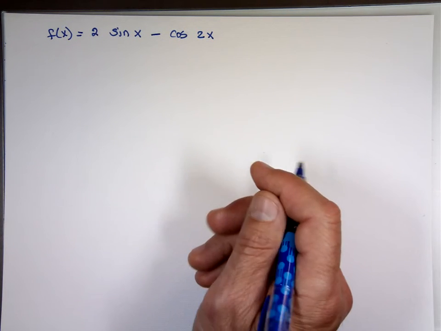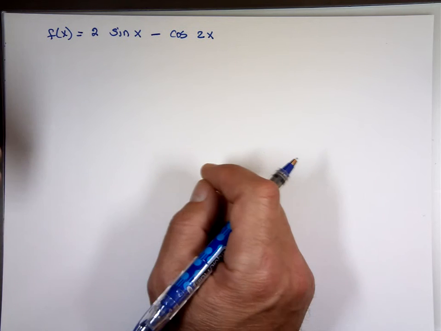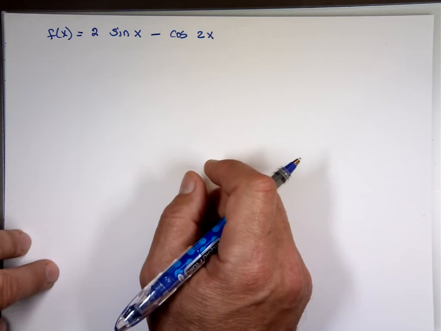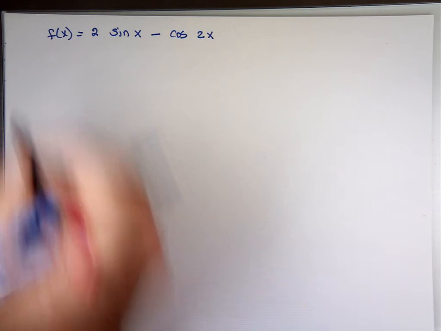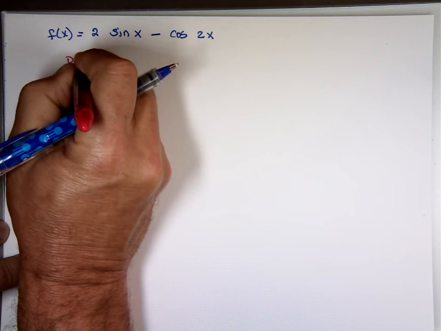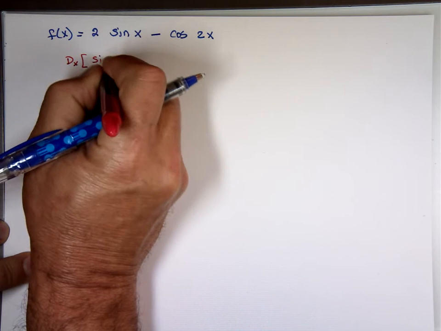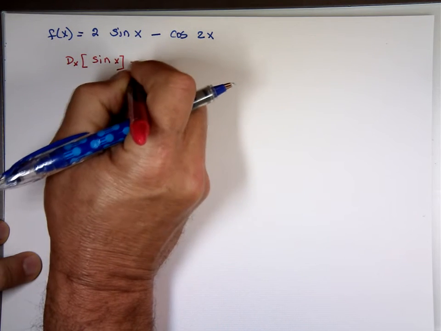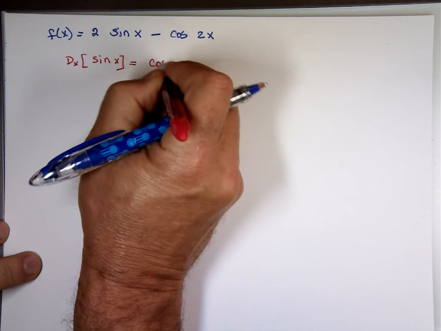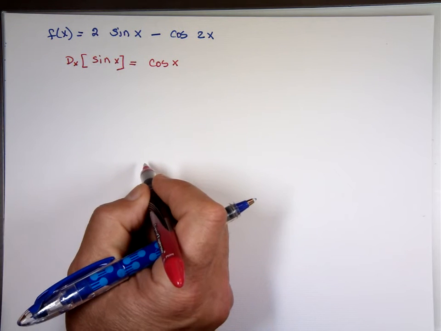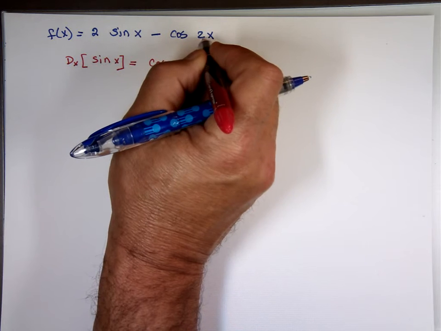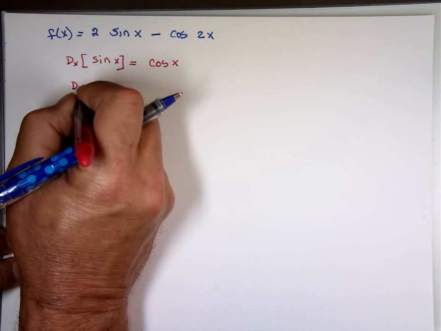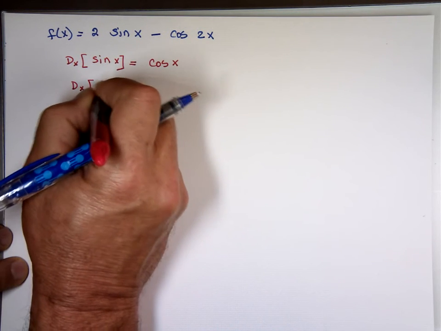What is the derivative of sine of x? Isn't that cosine x? We have a little problem. This is not x for the cosine, that's the 2x. So you can't use the derivative of cosine of x. You have to use the derivative of cosine of u.